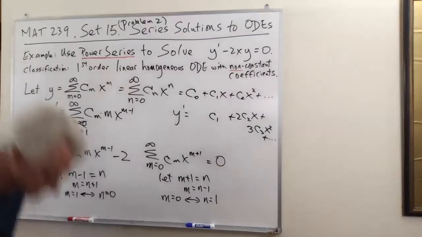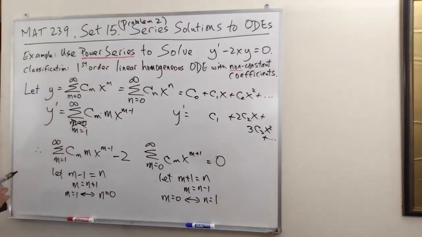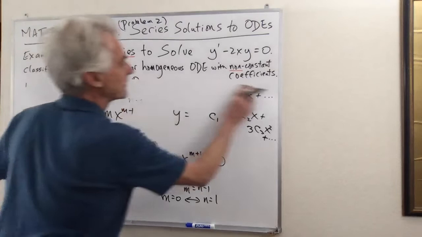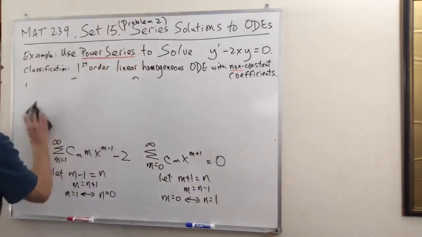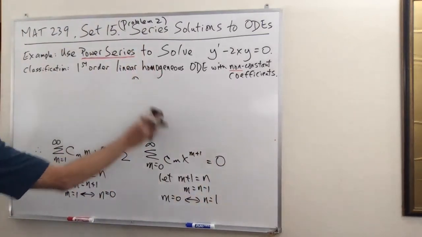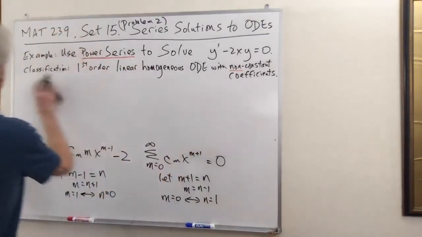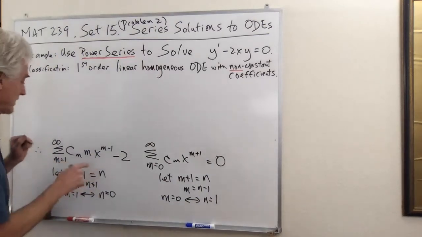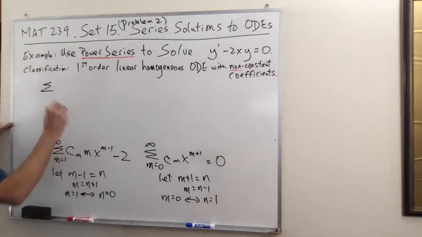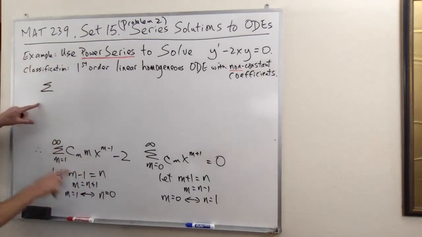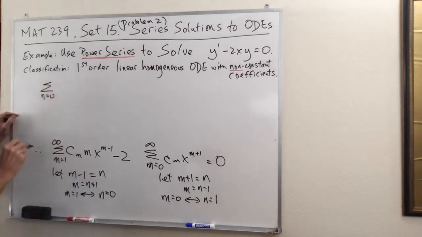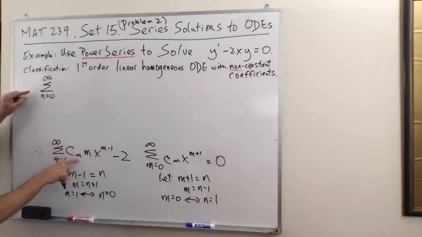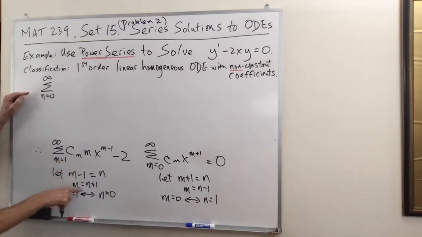All right? So let's get rid of all of this stuff. All right. So now let's rewrite this sum, rewrite the differential equation. We get the sum from, there was m equals 1, but that's now n equals 0, n equals 0 to infinity, c sub m, but m is n plus 1.